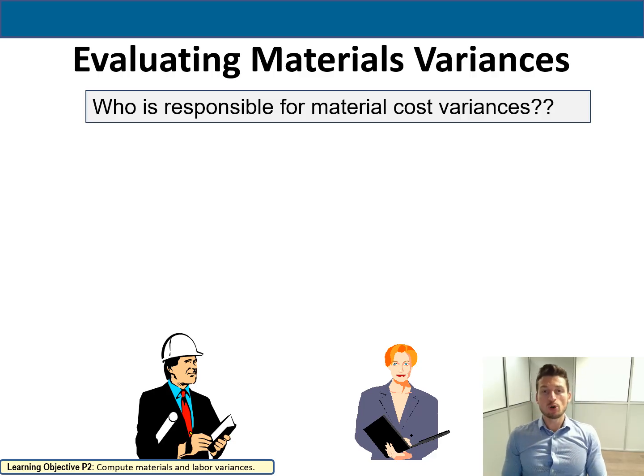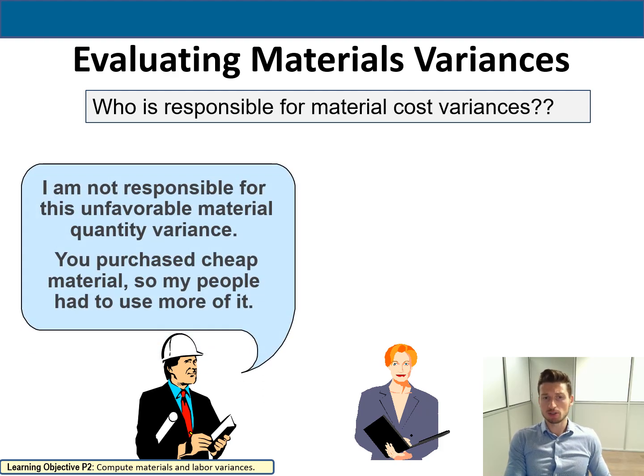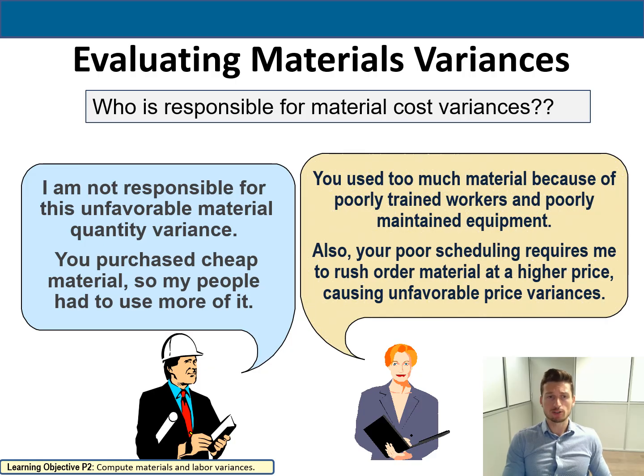So who is responsible for material cost variance? Who is taking responsibility for it? The responsibility can lie with different managers. For example, the accountant can say that you used too much material because of poorly trained workers and poorly maintained equipment.